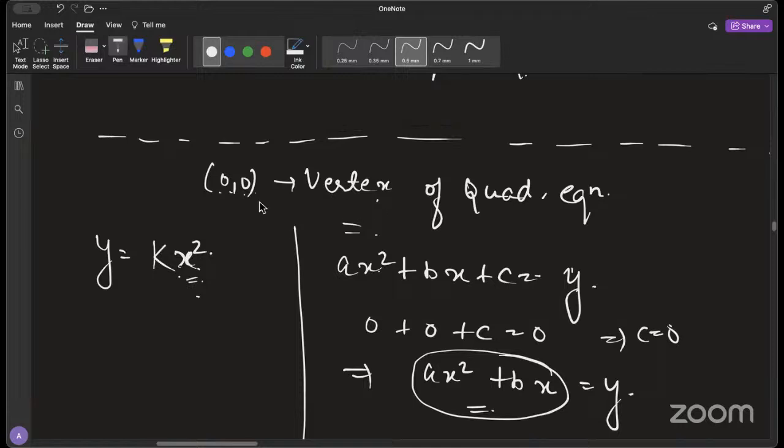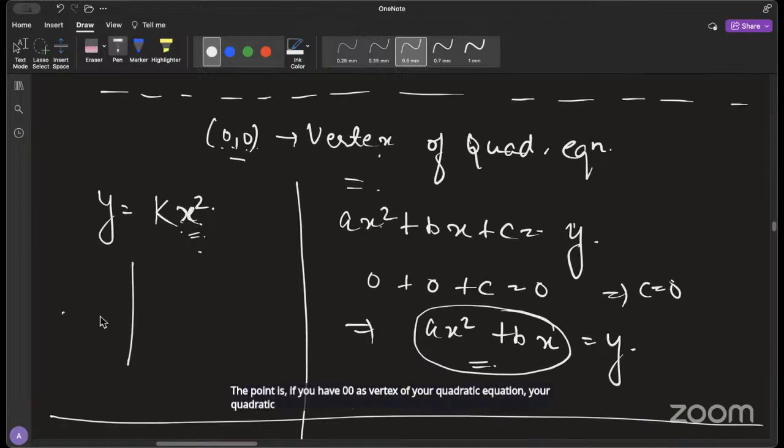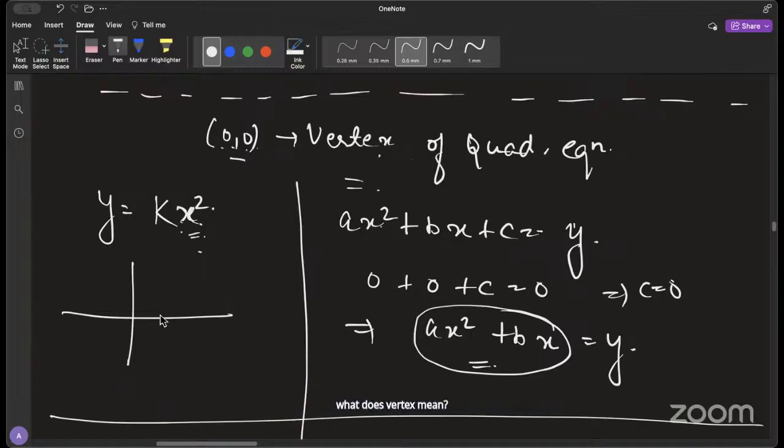The point is, if you have 0, 0 as vertex of your quadratic equation, your quadratic equation looks like this, right? What does vertex mean? Vertex means it's a point. If your vertex is 0, 0, that means your minus b by 2a is 0, right?